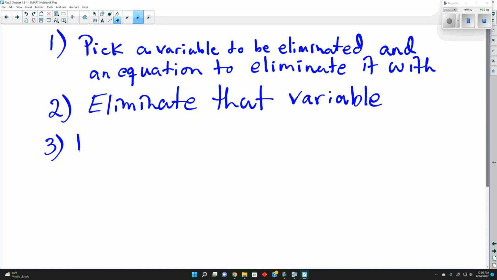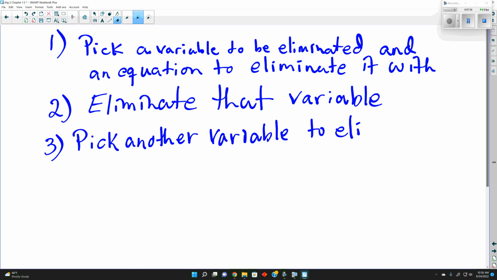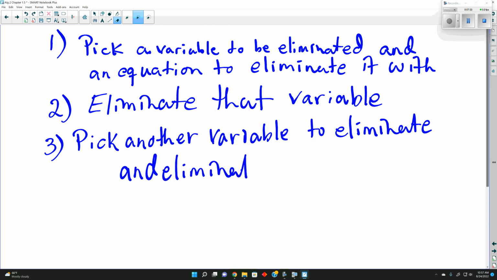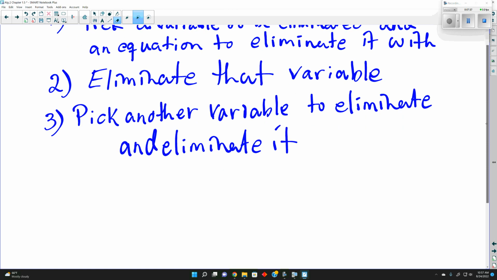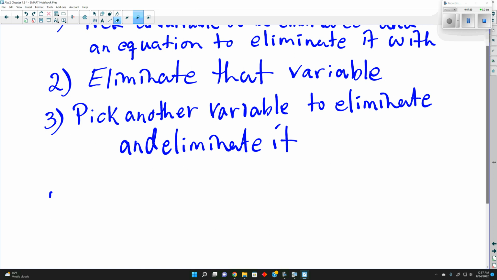Our third step is going to be to pick another variable to eliminate, and eliminate it. And the last step is to solve.